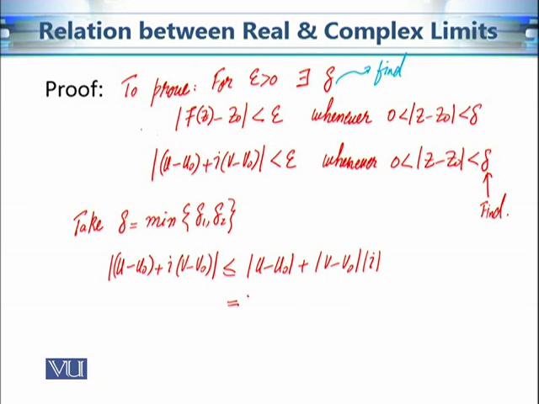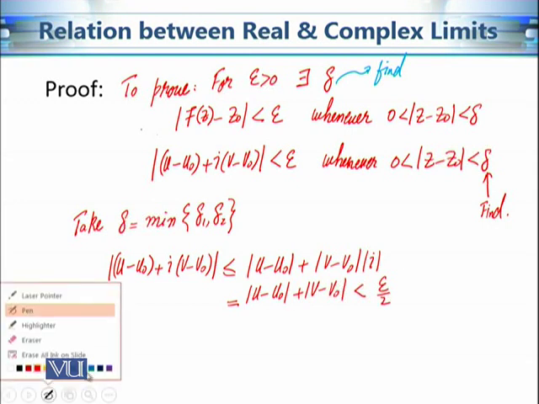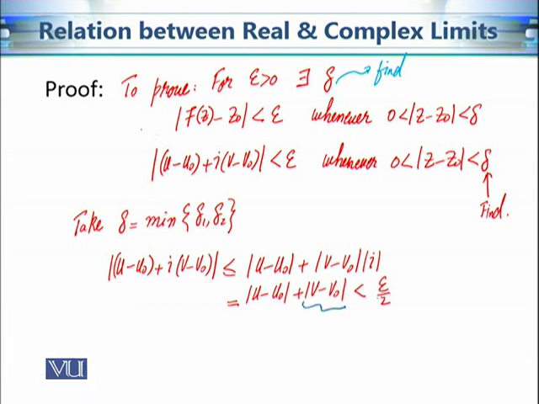Now this u minus u naught is less than epsilon by 2, and this v minus v naught is also less than epsilon by 2. So this becomes epsilon. So this distance is less than epsilon, but under what conditions?